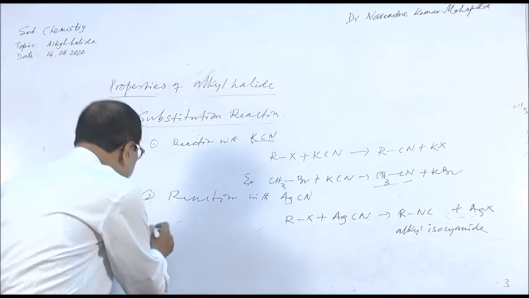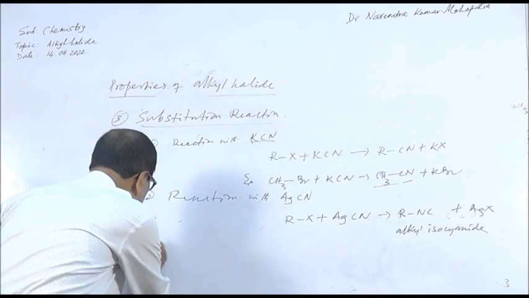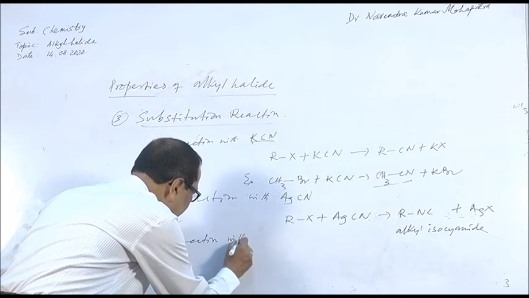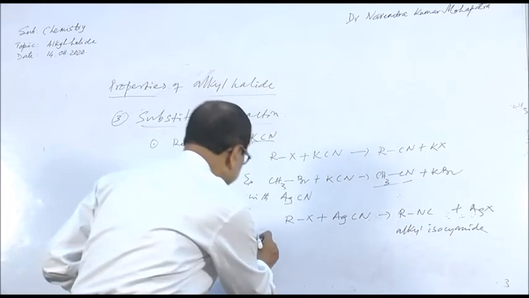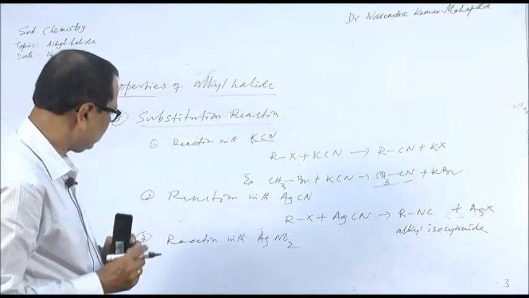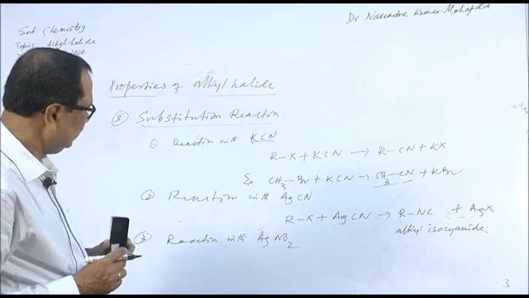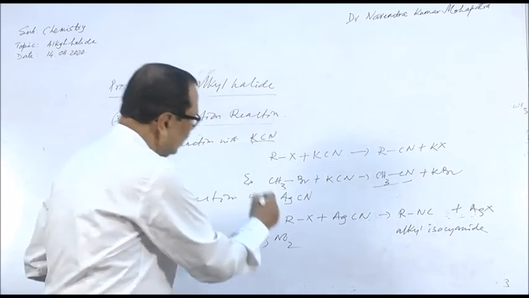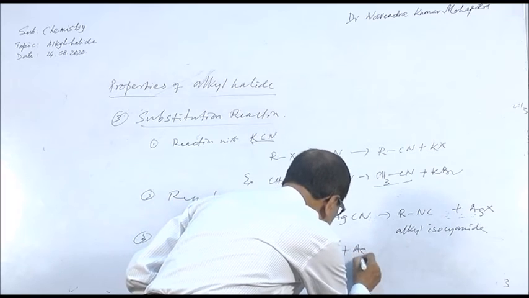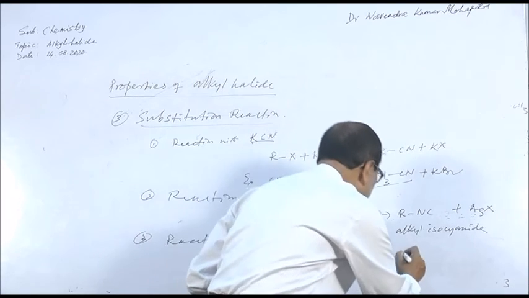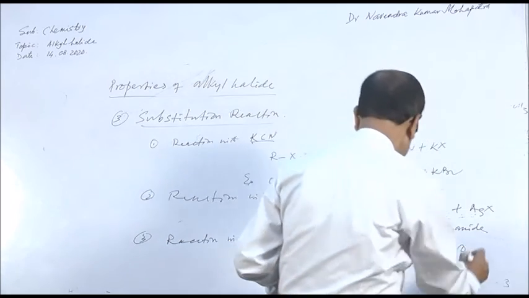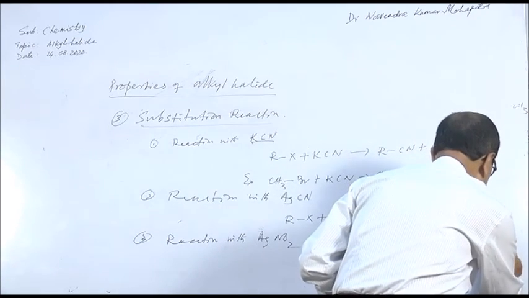Now, the third substitution is reaction with silver nitrite, AgNO2. This substitution reaction also gives you a nitro compound. Here you can say RX plus AgNO2 gives you RNO2 plus AgX.